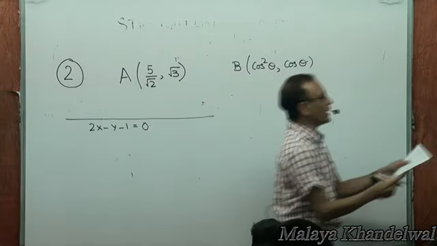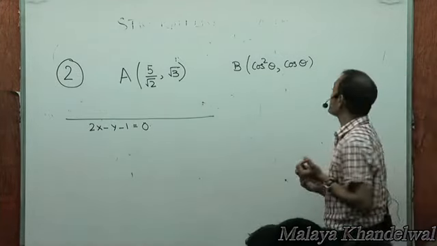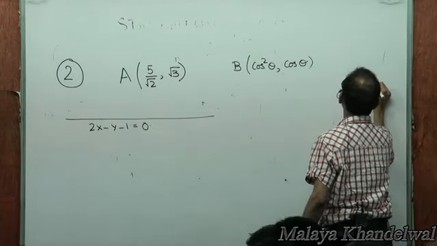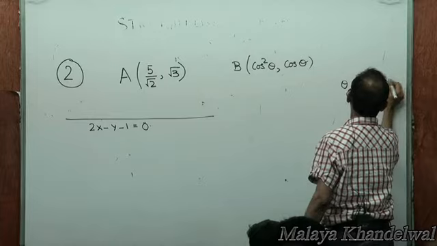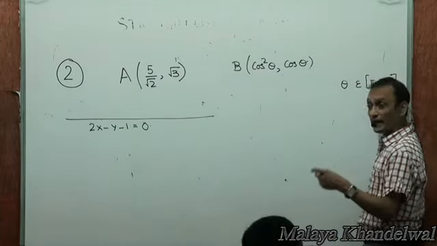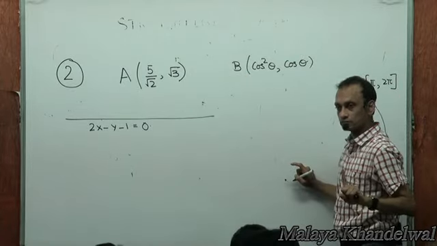We need to find the values of theta in the interval pi to 2 pi for which A and B lie on the same side of the line.